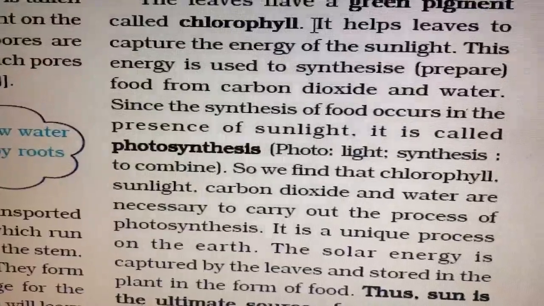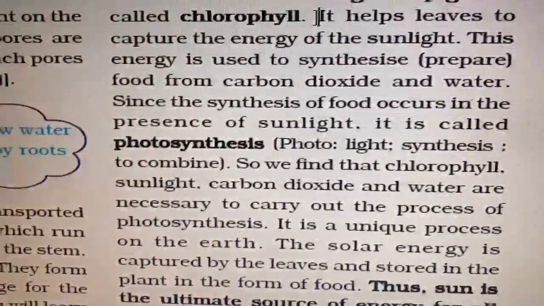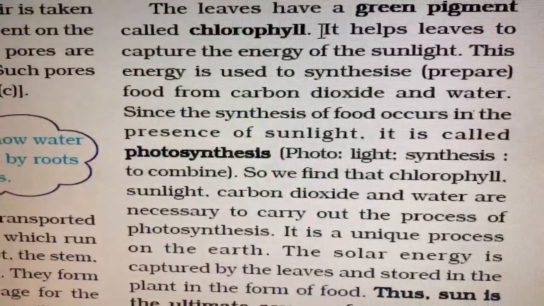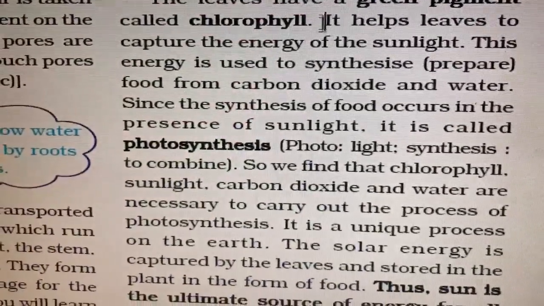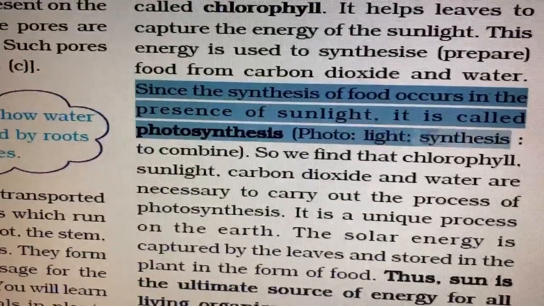The raw materials are then synthesized with the help of the sunlight. Since the synthesis of food occurs in the presence of sunlight, it is called photosynthesis. So now we are getting the reason why this process is known as photosynthesis.